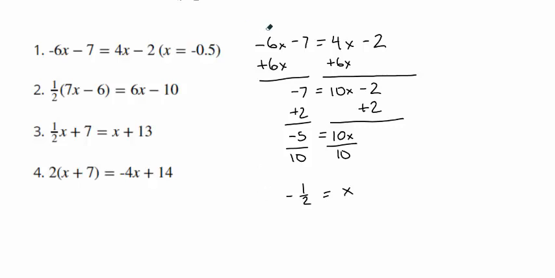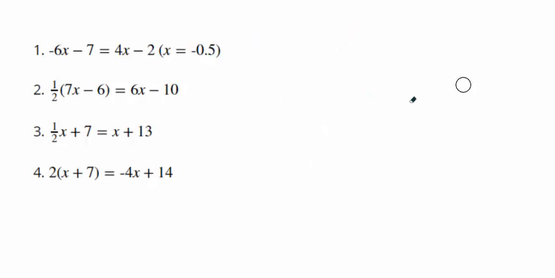Okay, let's look at number 2. Number 2 says 1/2 times the quantity 7x minus 6 is equal to 6x minus 10.